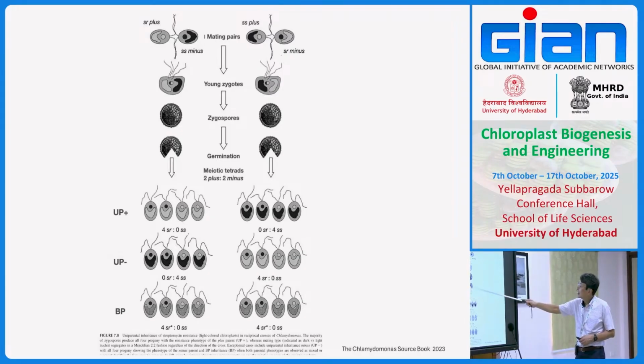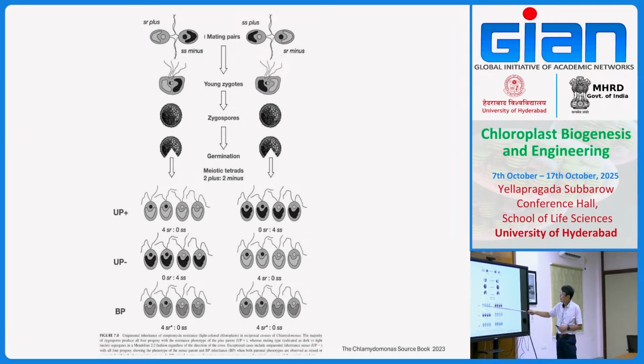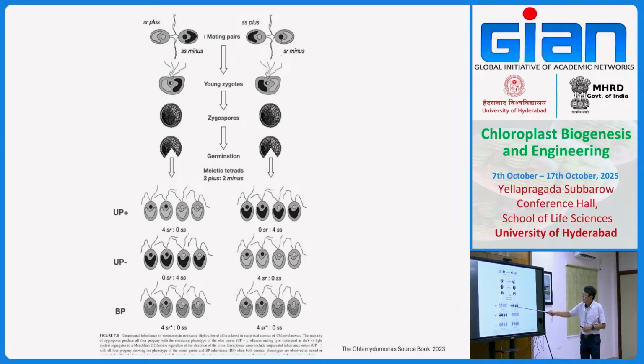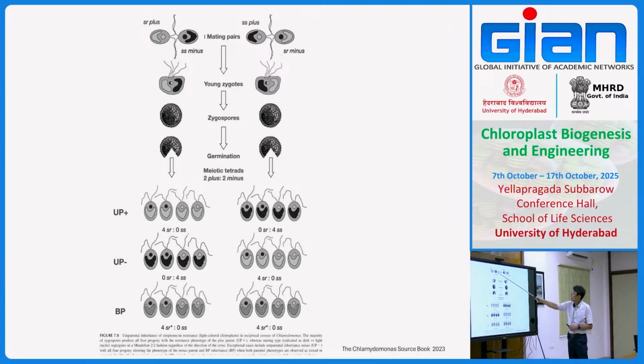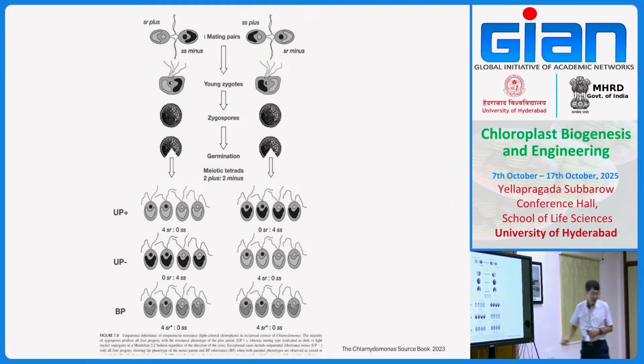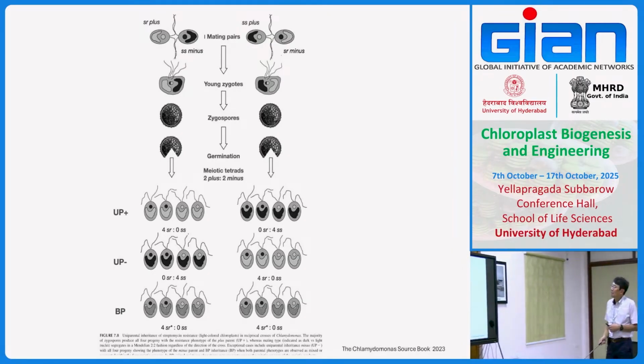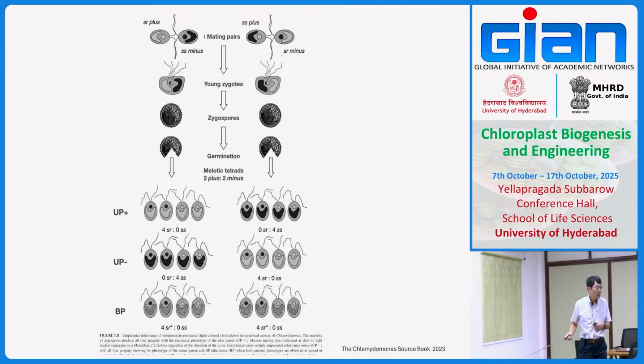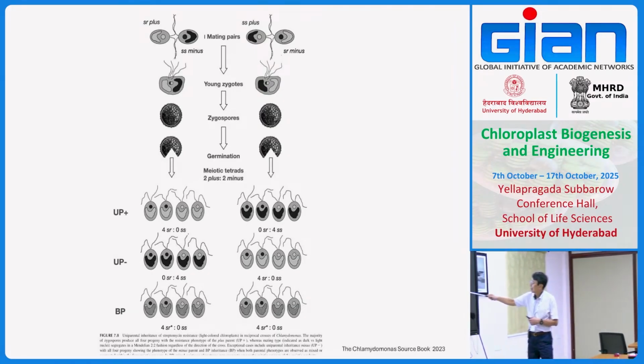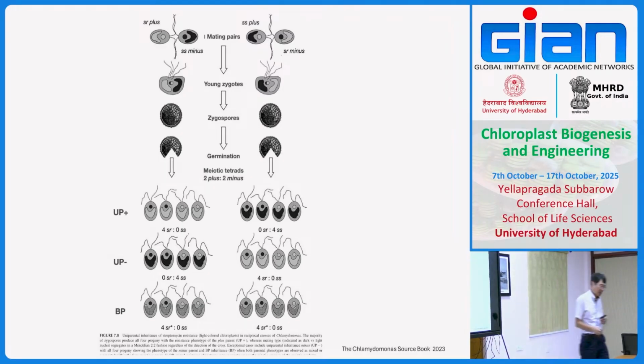If you cross, the young zygote becomes a zygospore, and then upon germination four daughter cells appear. Basically the chloroplast DNA in mating type plus is inherited by the daughter cells, and the nuclear genome is inherited in a Mendelian 2:2 ratio. This is a tetrad. So this is the typical pattern.